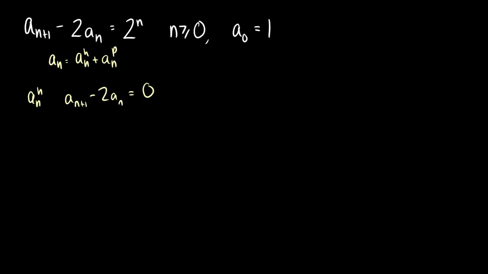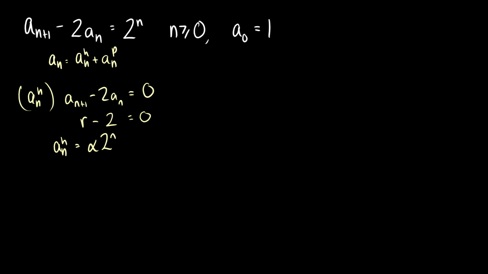So that's what we're solving here. So the characteristic polynomial is going to be r minus 2 is equal to 0. So we have a root at 2, which means that a_n^(h) is going to be some constant alpha times 2 to the n. Okay, this is where we stop for now.